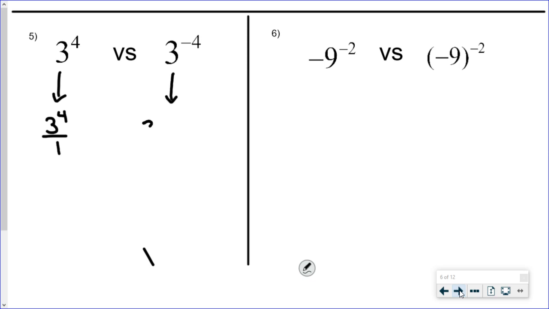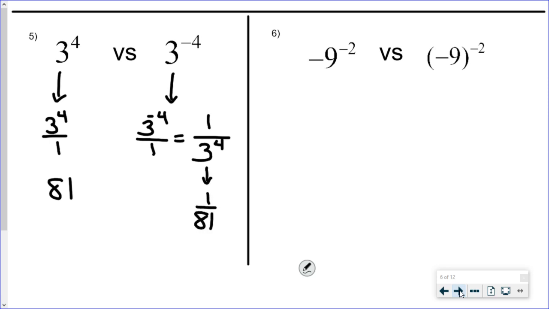This is saying 3 to the negative 4 over 1, but I don't want a negative exponent. Now that has to go to the other part of the fraction, okay? And then the negative exponent goes away. And then I put 3 to the power of 4 in my calculator. This one's 81. This one is 1 over 81.